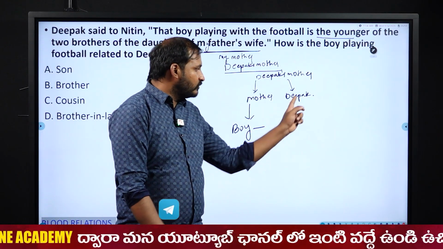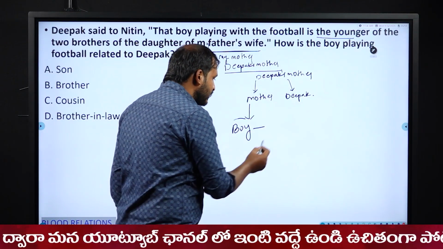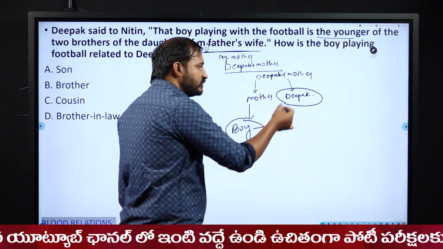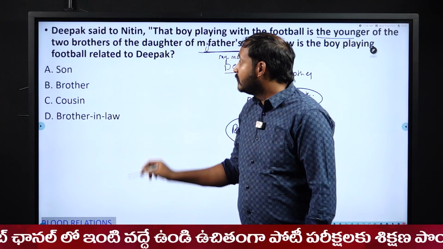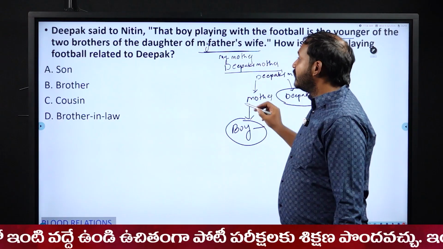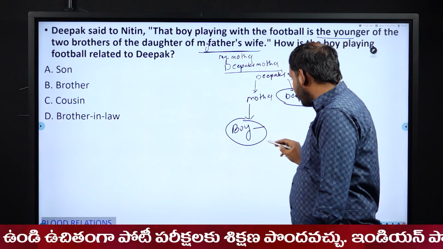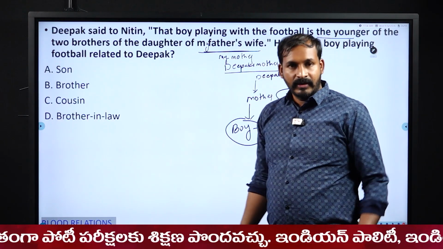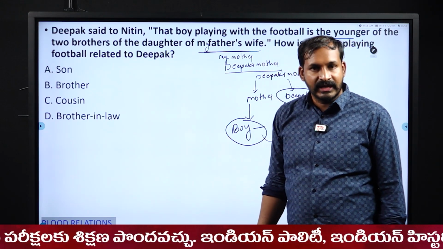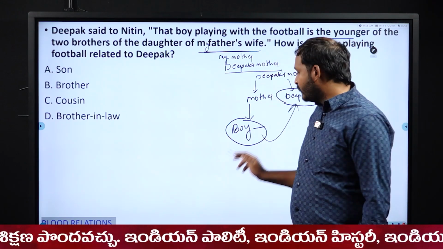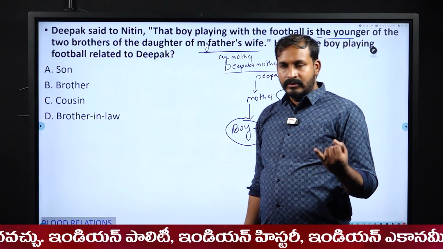Now these two belong to two different generations, right? One thing is very clear, that boy and Deepak belong to two different generations. How is the boy playing football related to Deepak? That means from boy to Deepak, from down to up. What are the relations which we can have? Nephew, niece, anyway, male person, so nephew, right?